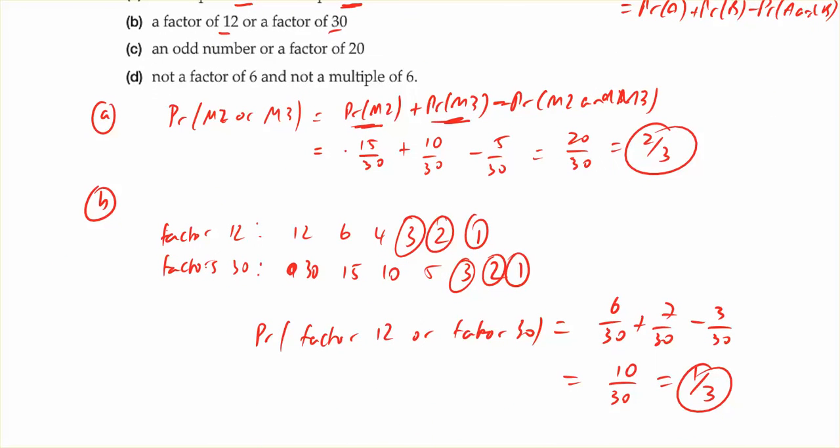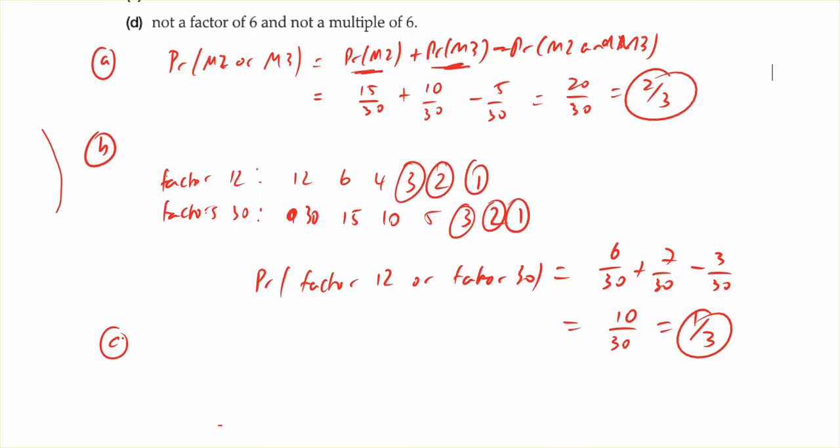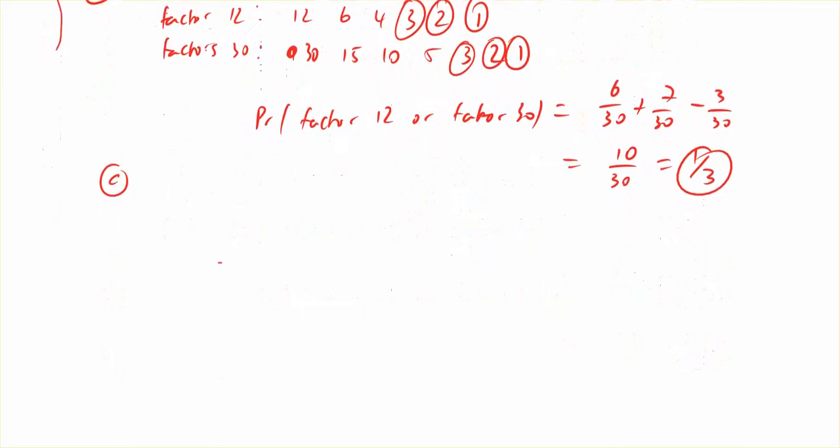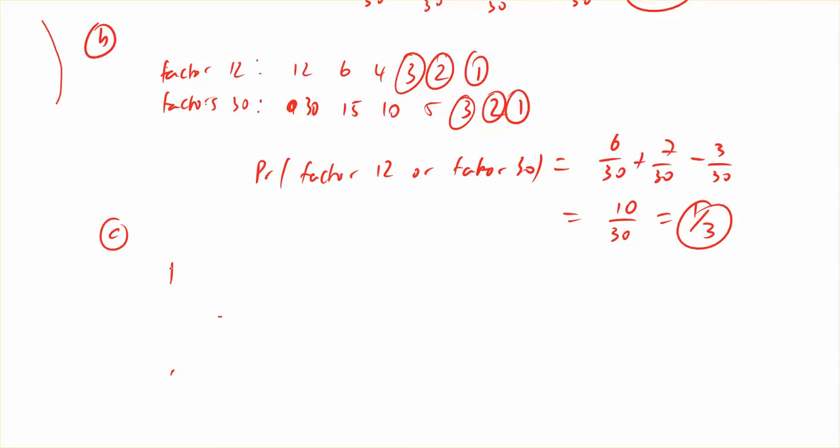So part C, we want an odd number or a factor of 20. So probability of odd or factor of 20. Now, odd I already know is 15 out of 30.